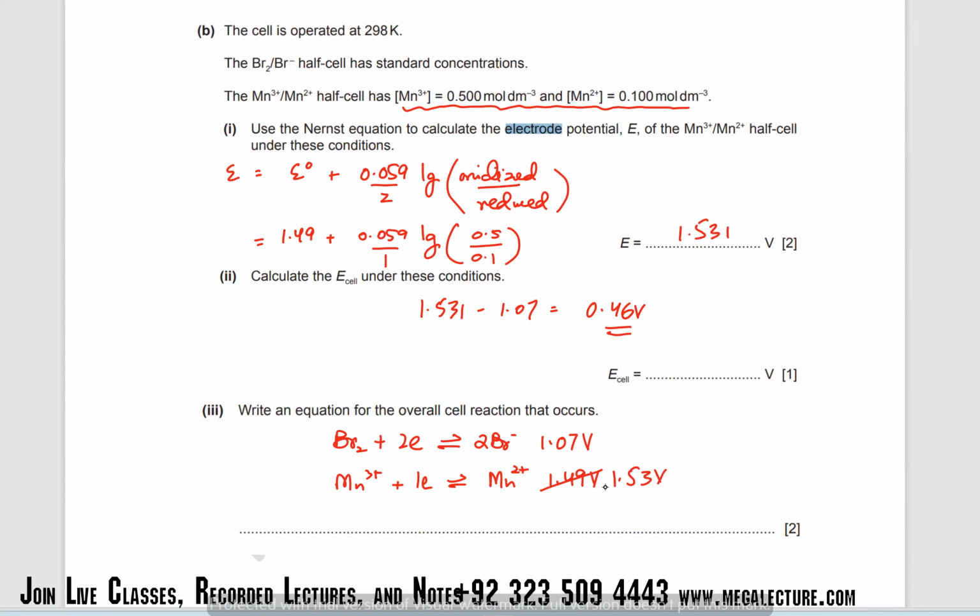बस क्या करना है? Higher potential gains and the lower potential loses. So forward, backward. This equation, Mn wali has to be multiplied by 2, so the reactants are 2Br⁻ and 2Mn3+.